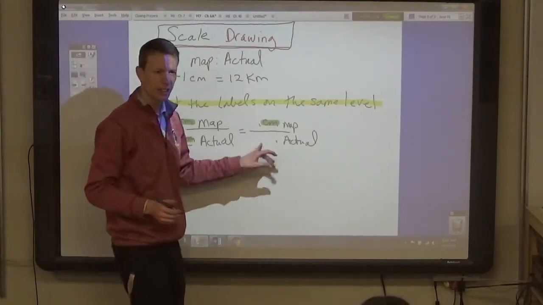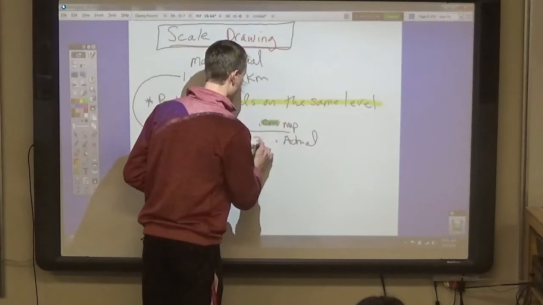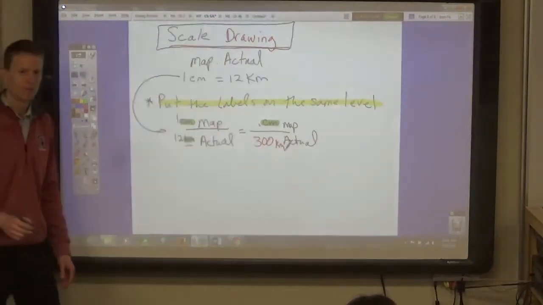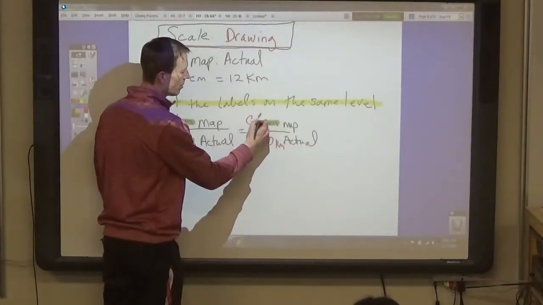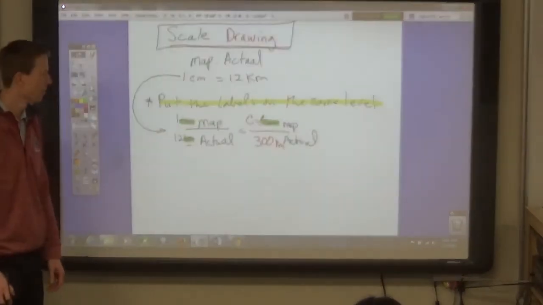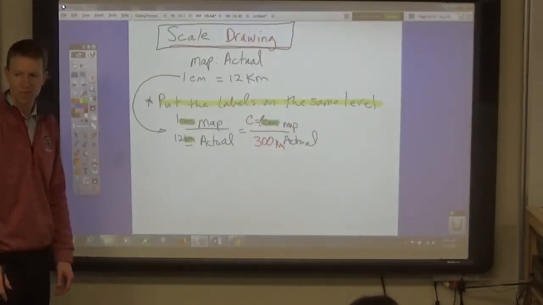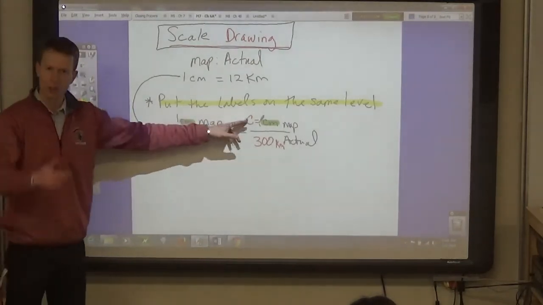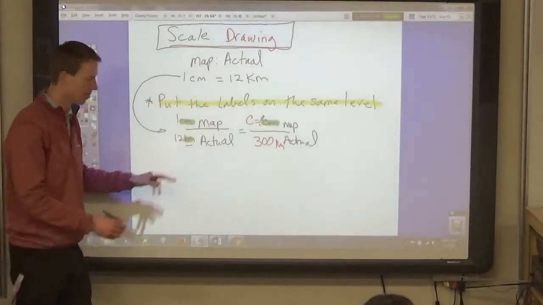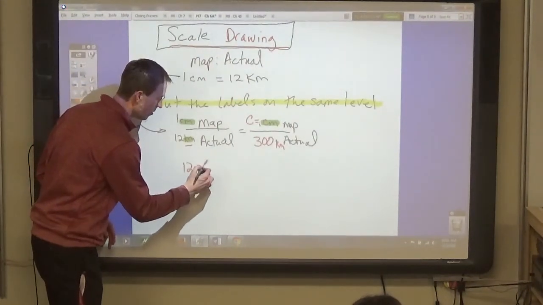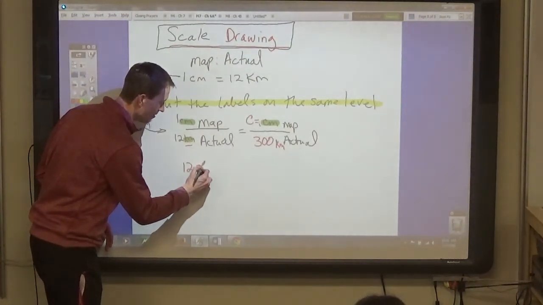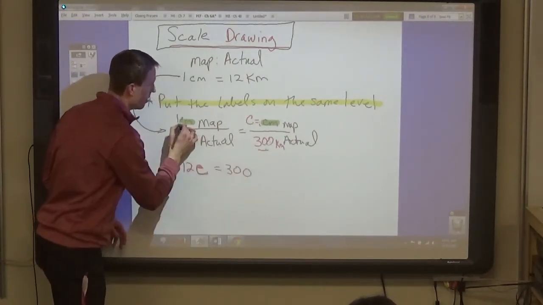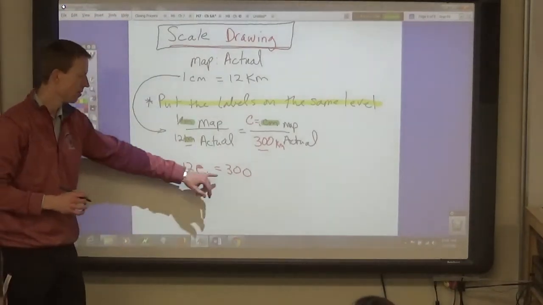So you're given an actual distance of 300 kilometers, and you had to find how many centimeters to make the map. How would you do that? 12C equals 300.